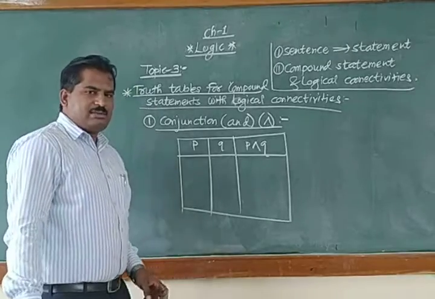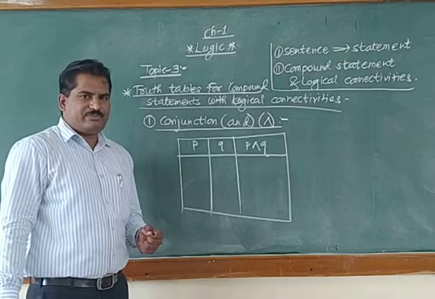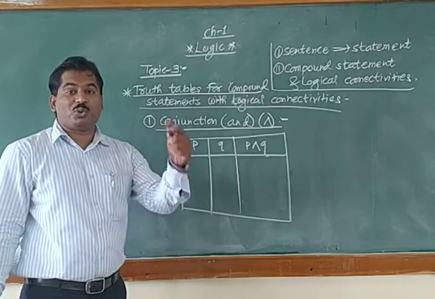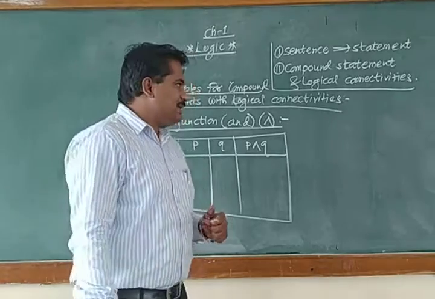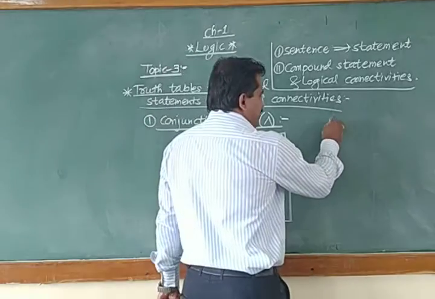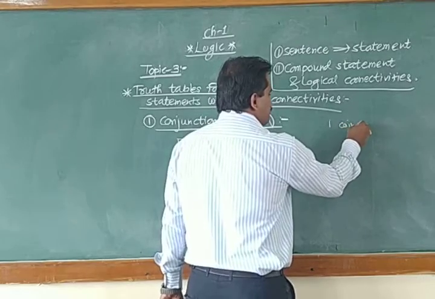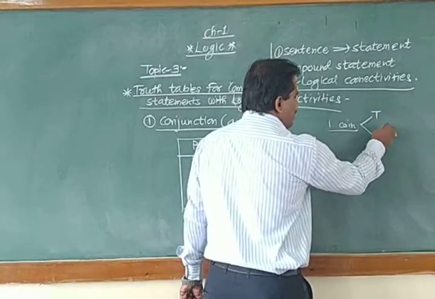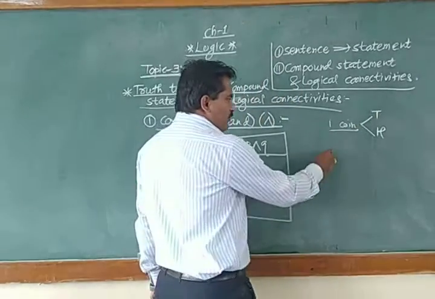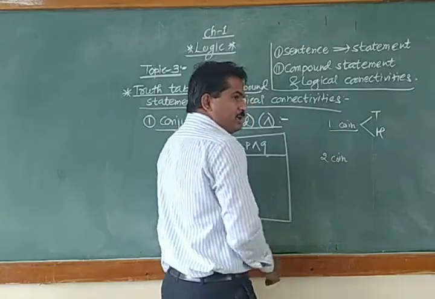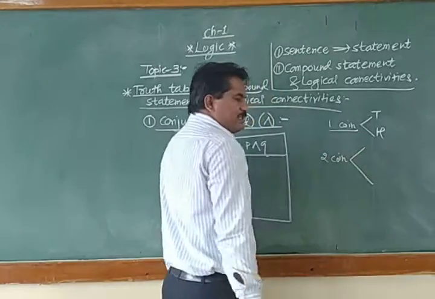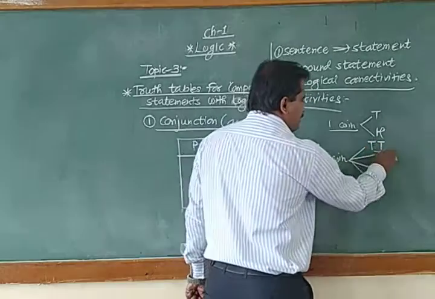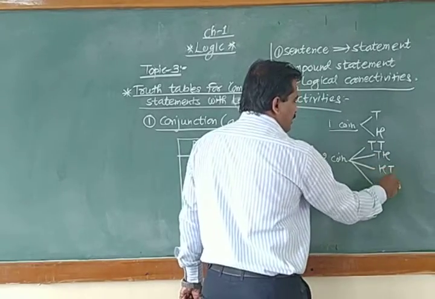The cases for these two statements are similar to tossing two coins. In 10th, we studied that if there is only one coin, the possibilities are tail and head. With two coins, the possibilities are TT, TH, HT and HH.